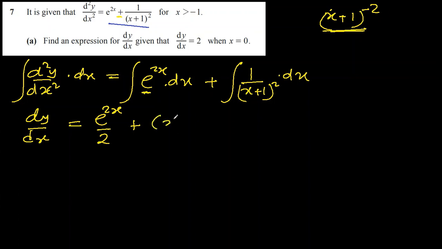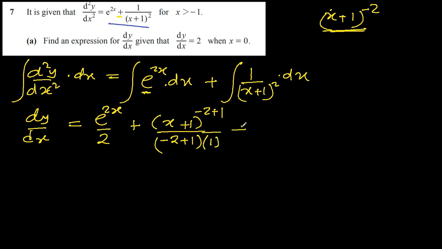Whenever we integrate a linear expression with a power, we add 1 to its power and divide it by the same power we got. Further, we divide the whole expression by the differentiation of what is inside. Differentiation of x plus 1 luckily is 1, so that doesn't make any difference.